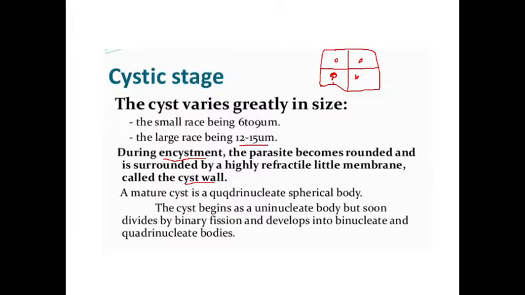At the start of the cystic stage only one nucleus is seen, but it undergoes binary fission and develops into a binucleate stage, then becomes a quadrinucleate body. Shown here, first it is a single-nucleus stage, then a double stage, and the picture shows the quadrinucleate stage. By the time it becomes a cystic form, it reaches the quadrinucleate stage.